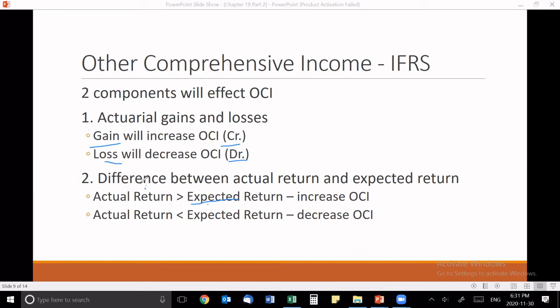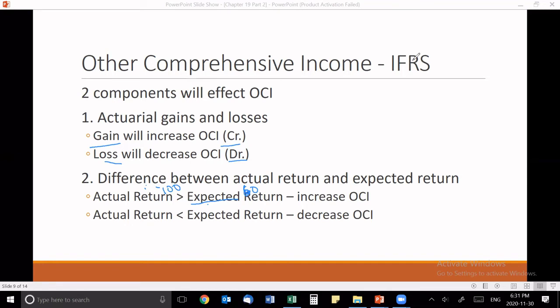So for example, if the pension trustee invests the pension money, and maybe they're expecting a return of $60.